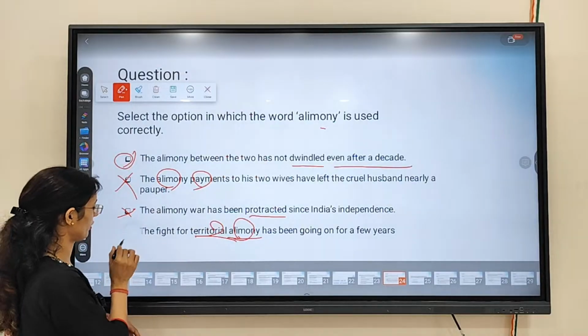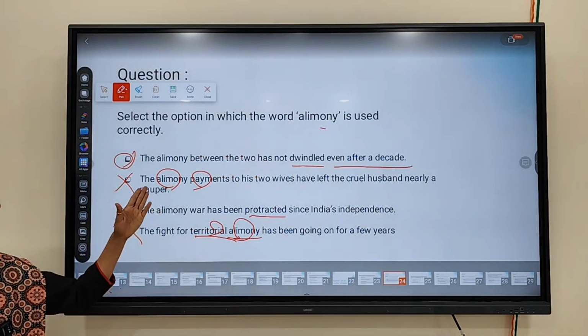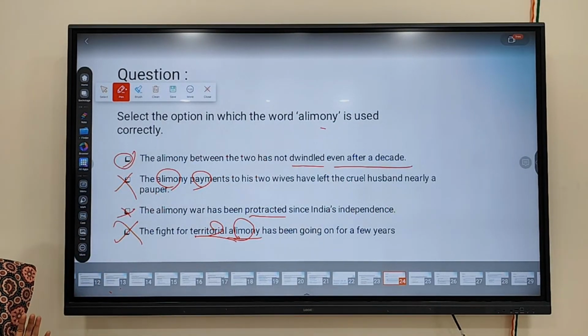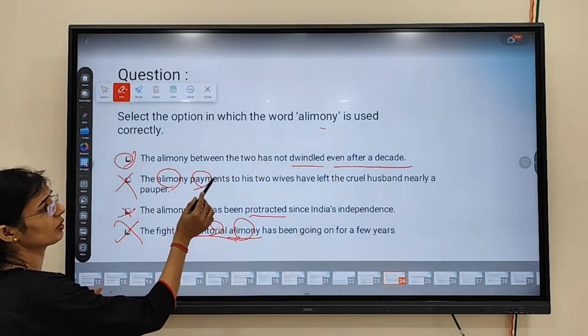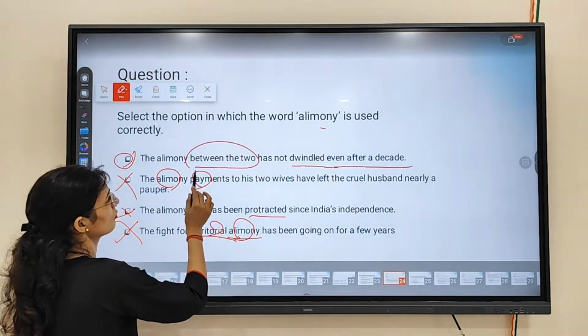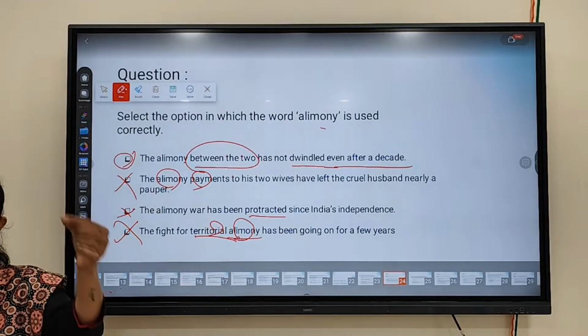Now tell me which one is correct. Alimony payment to the two wives has left him as a pauper. Alimony between the two has not dwindled. Alimony between the two. Alimony is something that one person gives to another.